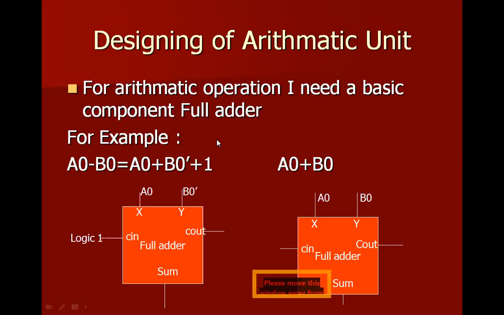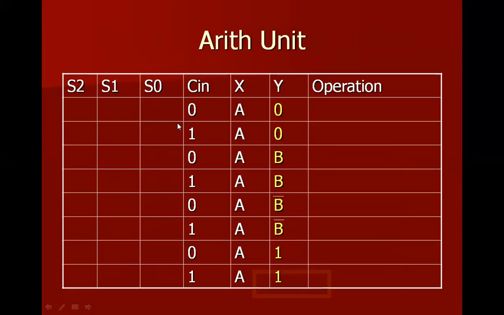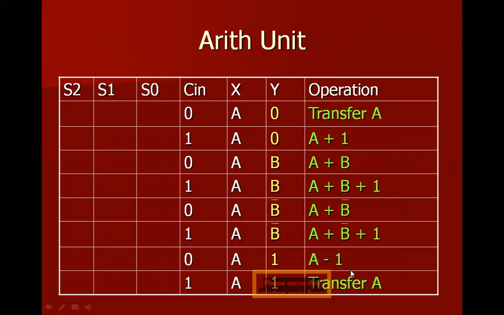The other example that I want to give you here is a full adder, and as you all know, it has x, y as inputs, c in, c out, and sum, right? So for addition, I will be using a full adder. So I can make a tabulation like this, and I can make sure what operation needs to be done.